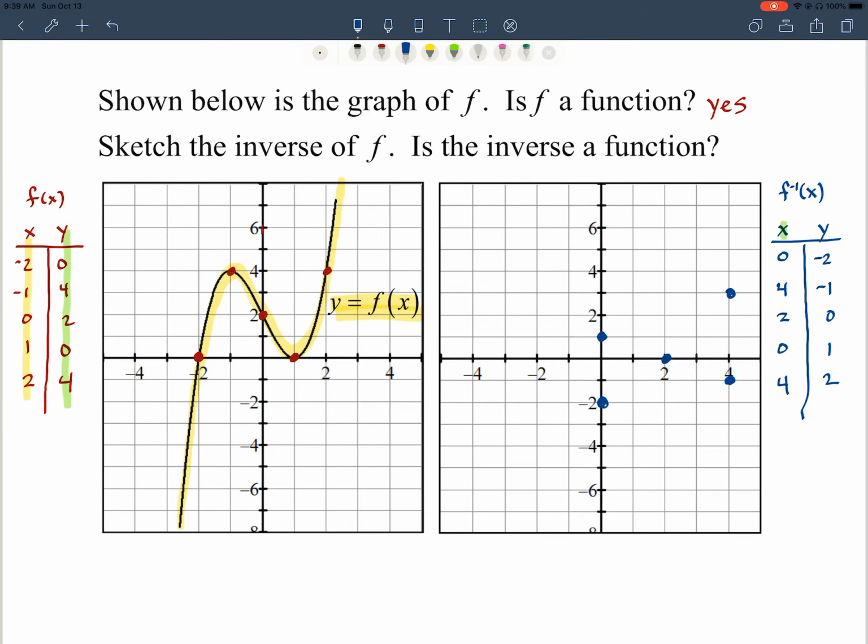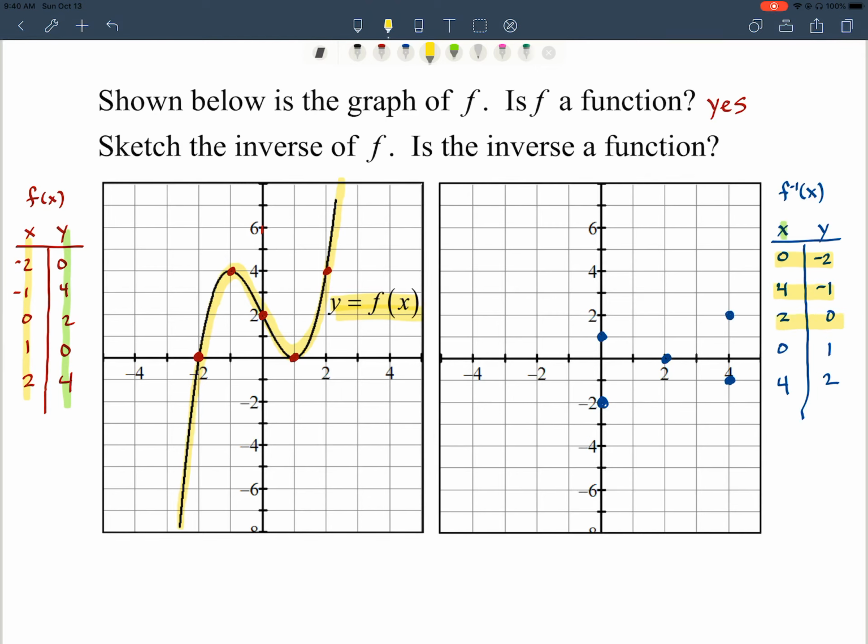Now if I just gave you those points and said, connect them, it's a little more difficult to connect them on the inverse graph. So let's connect them in the order that we had them recorded. 0, -2 would be our first point, and then we'll connect it with 4, -1.